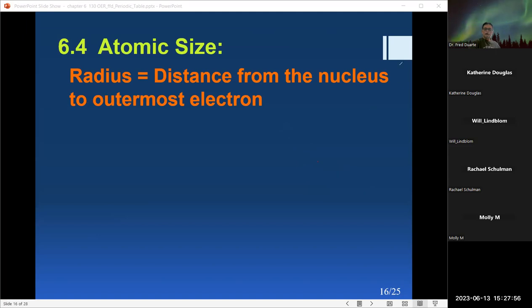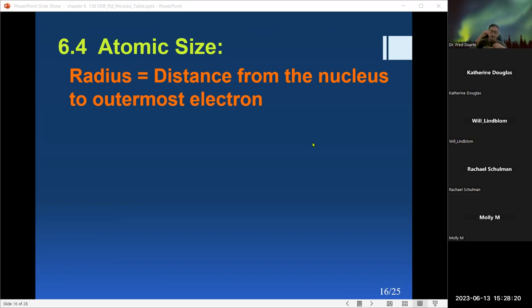Now, when we talk about the atomic radius, we kind of introduced this earlier when I asked what you would predict as you go down the periodic table. Who's going to be bigger than another element, based on where they are in the periodic table? I always say as we go down the periodic table, we get more energy levels, so it makes sense that the elements at the bottom of the periodic table are bigger.